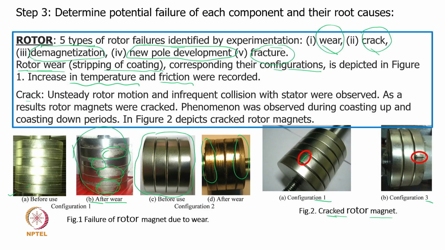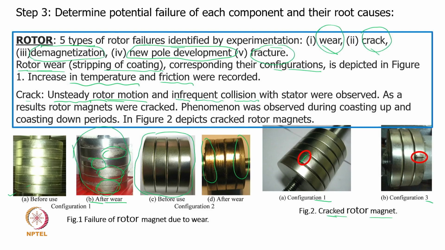Now, coming to the crack, what we have realized is that this happens because of unsteady rotor motion. That means, whatever we want, the shaft should rotate concentrically at the bearing center, but it was not happening. It is something like a random motion of the shaft, which we call unsteady rotor motion. And because of the unsteady motion, there was not sufficient stiffness.